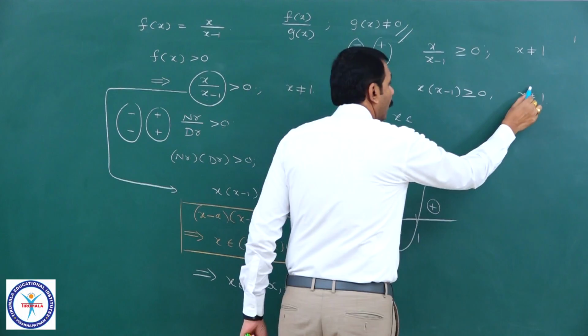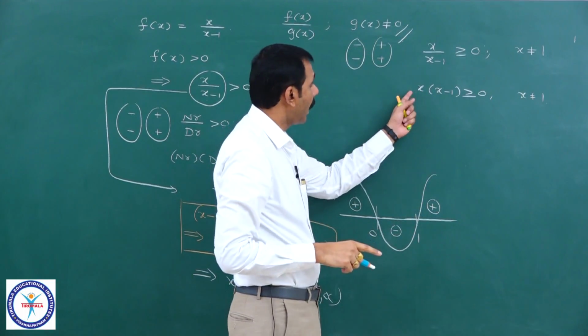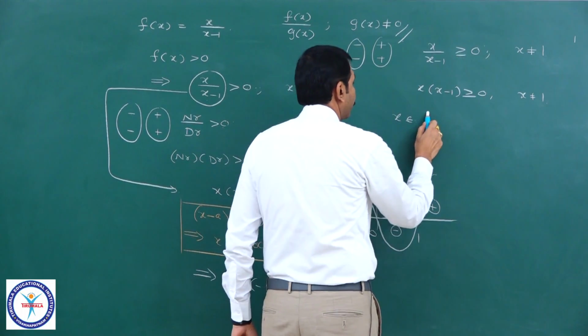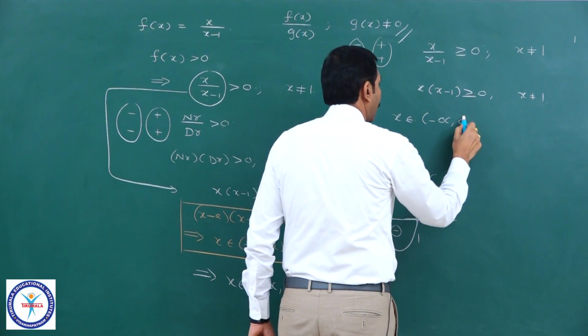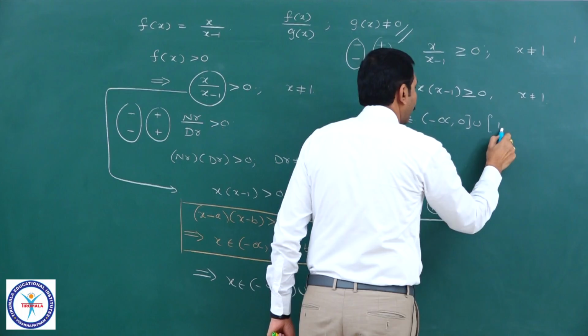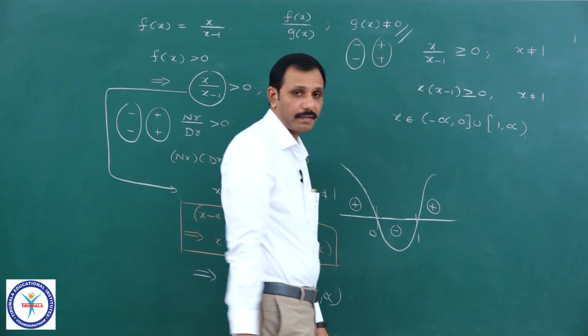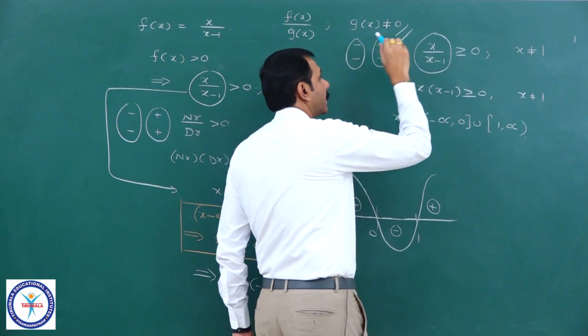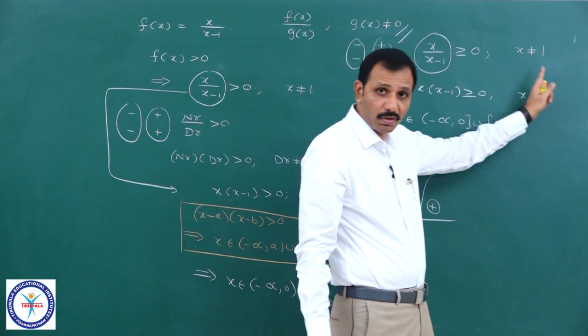Therefore, if you ignore this and write as it is, of the form x minus alpha into x minus beta, x belongs to minus infinity comma 0 union 1 comma infinity we will write. But the actual given expression is x by x minus 1 where x not equal to 1.